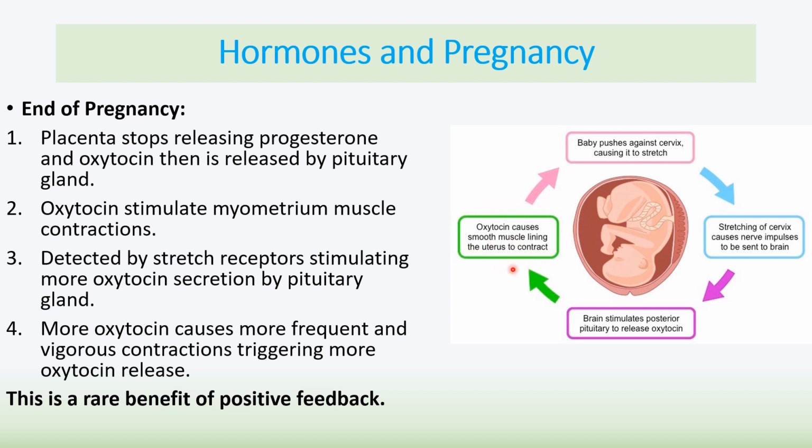That causes then the stretch receptors to be pushed, which increases the amount of oxytocin release, which increases further the amount of muscle contractions happening, and more then the baby can move, which generates even more stretch receptors, which triggers more oxytocin to be released in positive feedback until the baby is born.